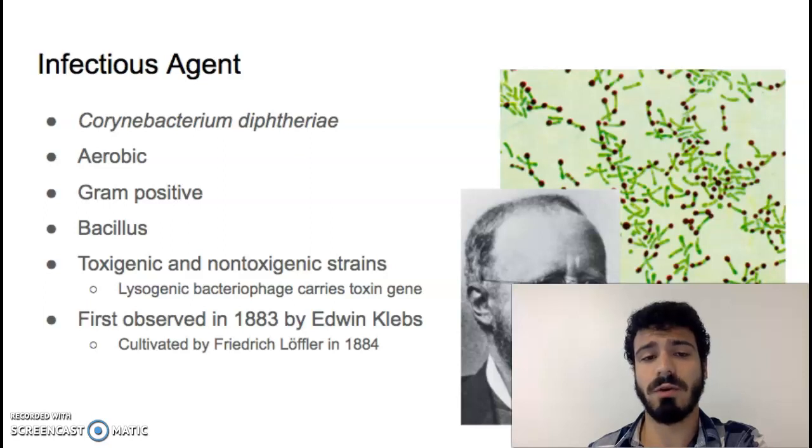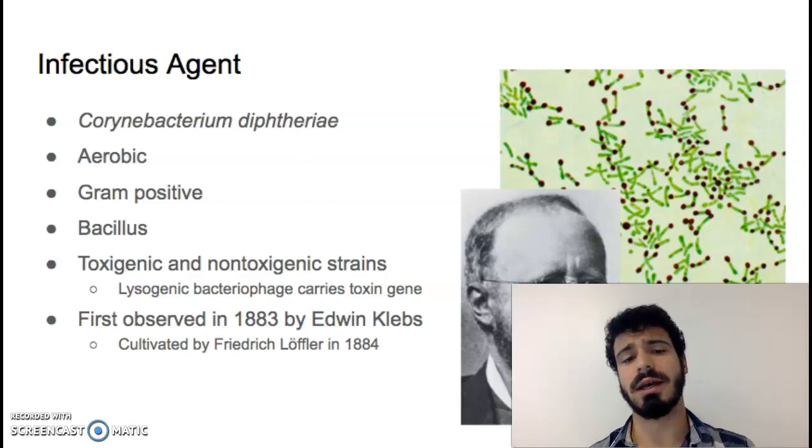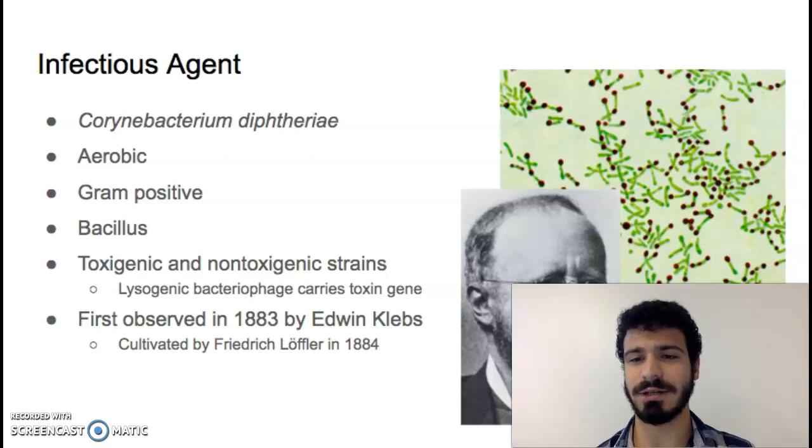It's an aerobic gram-positive bacillus, and there are two main strains. There's the toxigenic and non-toxigenic strains, and the toxigenic strains are generally the ones that cause disease, especially severe disease. And interestingly, the toxin gene is actually usually carried by lysogenic bacteriophage.